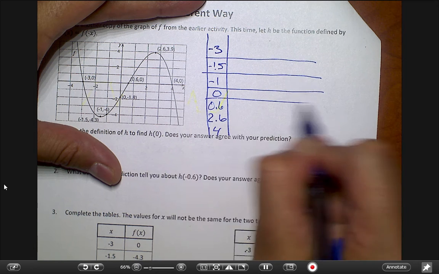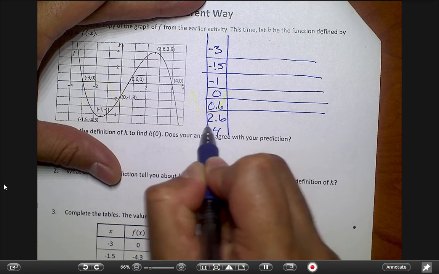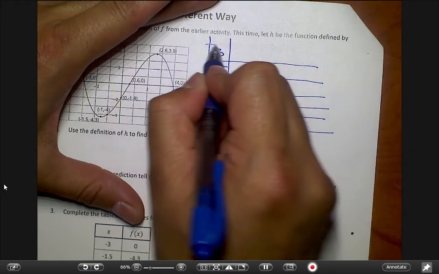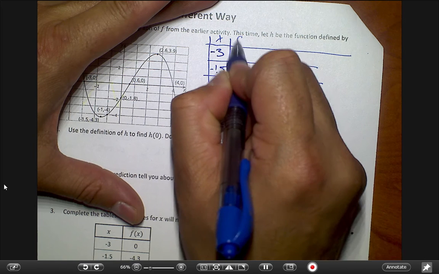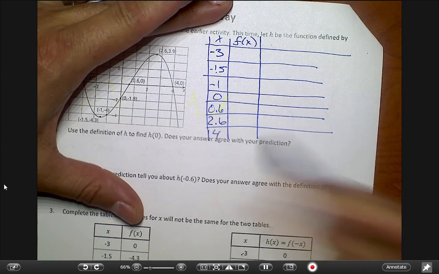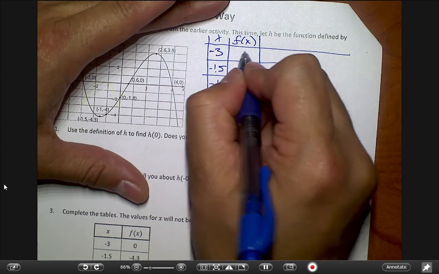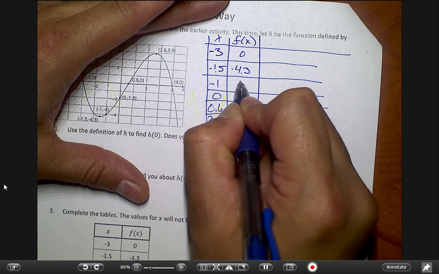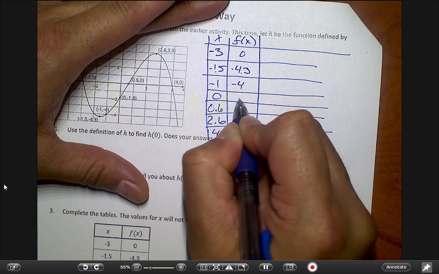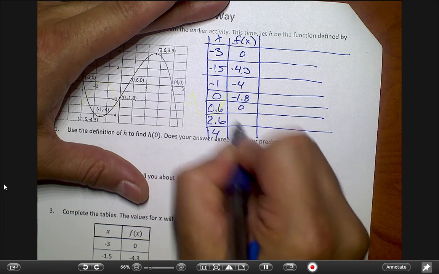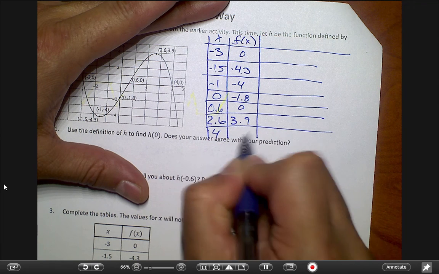We're going to build our own table because that's going to make everything easier. This is my x, and this is f of x, which is my y values. We start off with 0, negative 4.3, negative 4, negative 1.8, 0, 3.9, and 0.